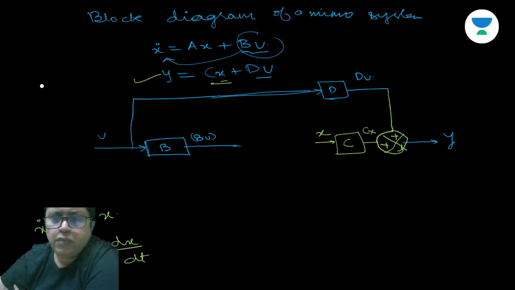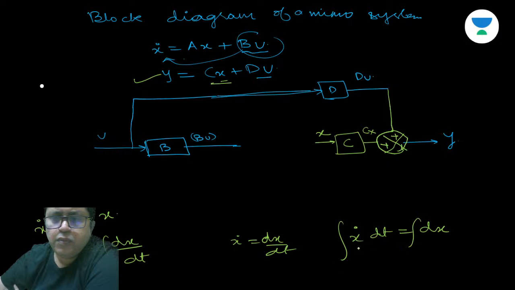So x dot equal to dx by dt, so x dot dt equal to dx.